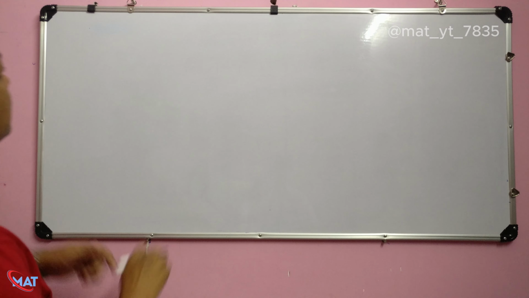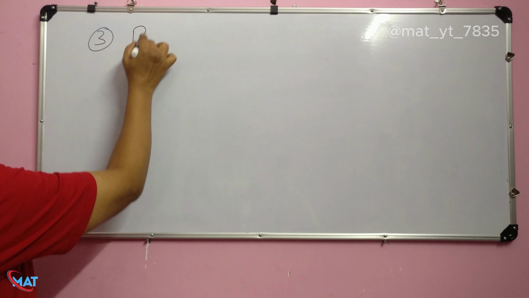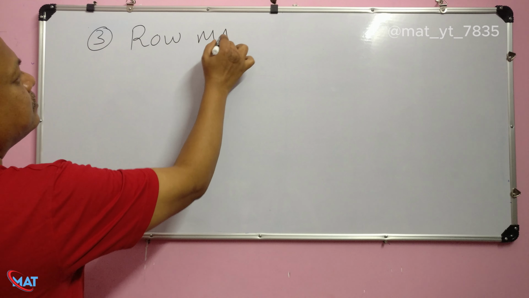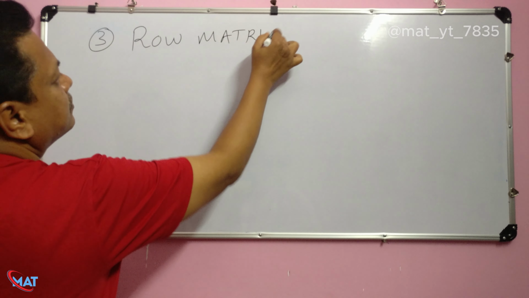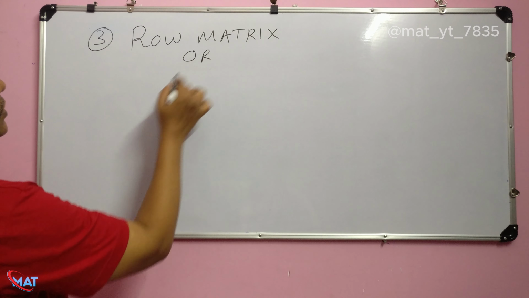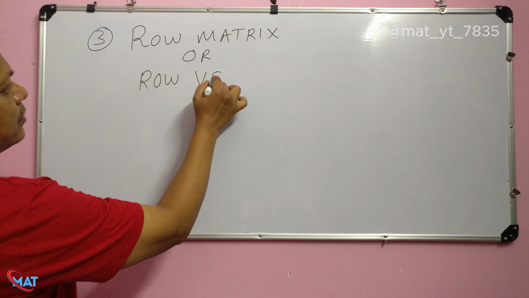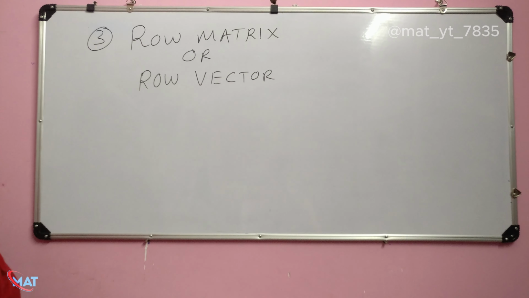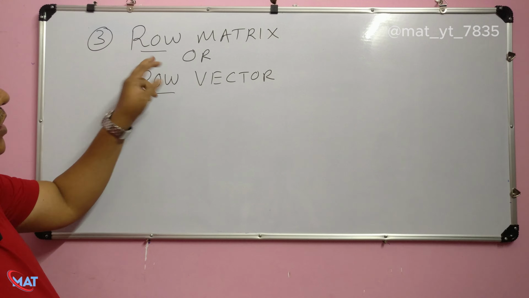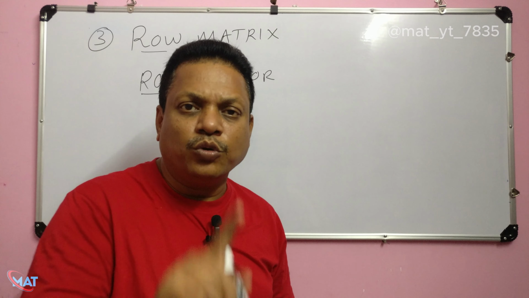Third, row matrix. It is also called a row vector. The first word is row, so the matrix must contain only one row.